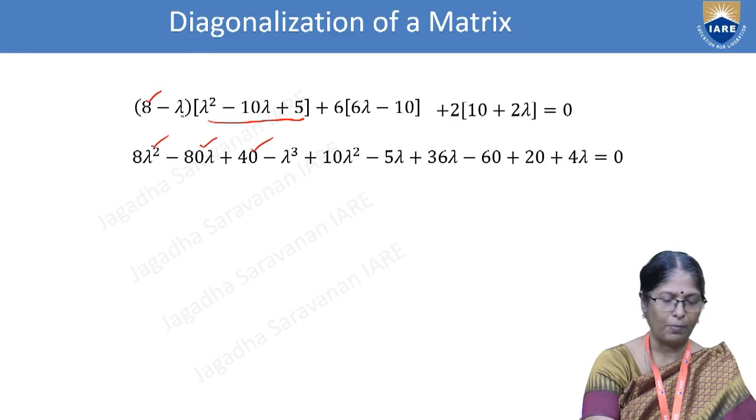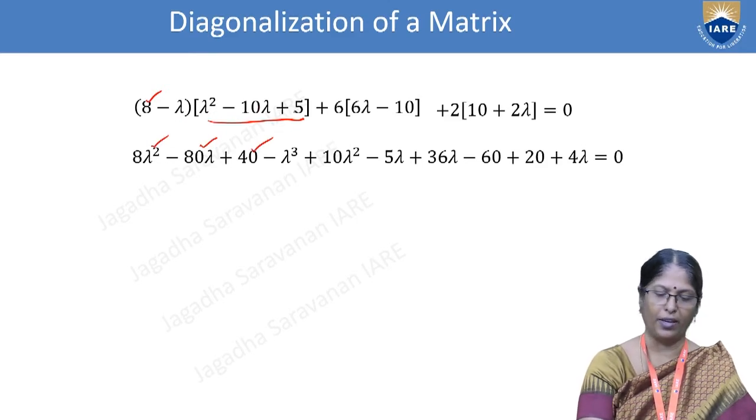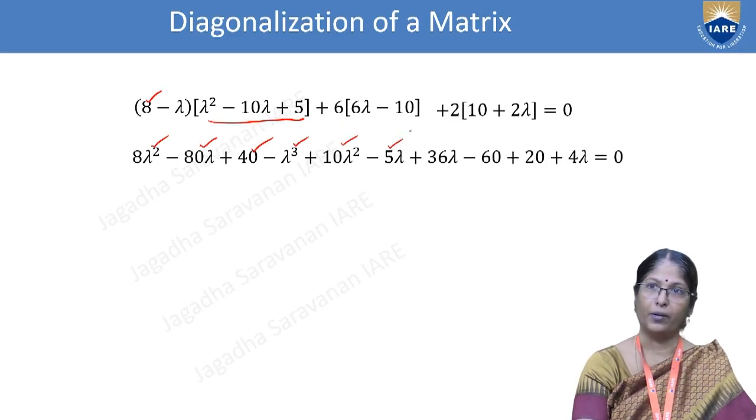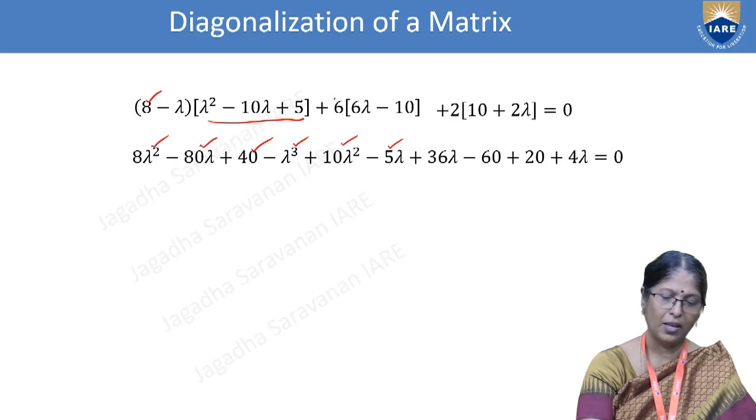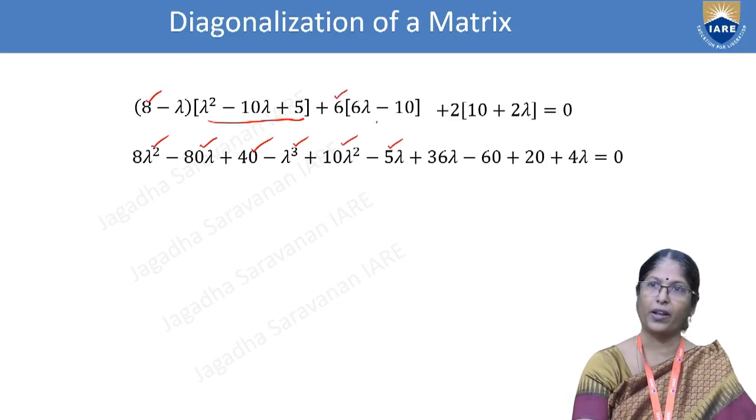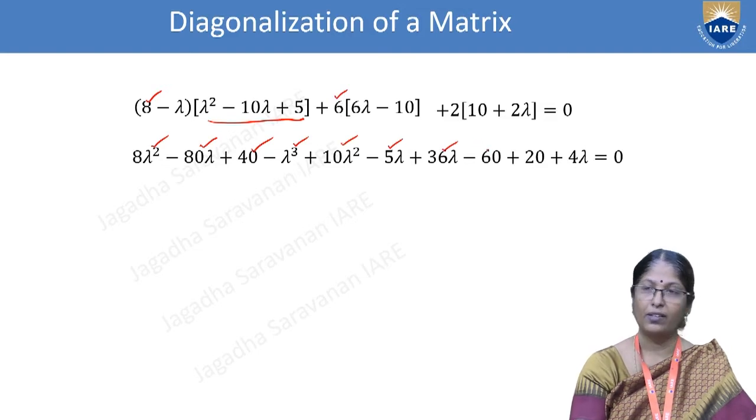Then minus lambda, taking and completely multiplying, we get minus lambda cube plus 10 lambda square minus 5 lambda. Then I am taking this plus 6 inside the bracket. It becomes 36 lambda minus 60, 6 into minus 10. Then plus 2 we are taking, 20 plus lambda.